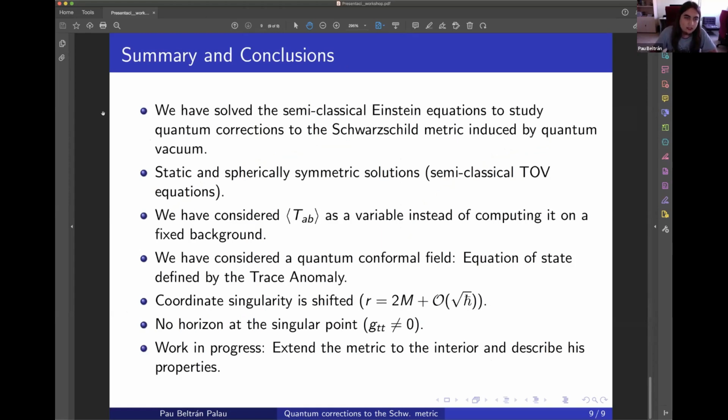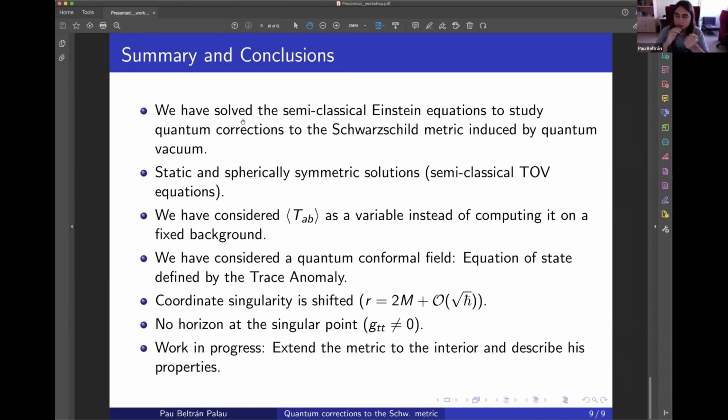We have solved the semiclassical Einstein equations to study the corrections of the Schwarzschild metric induced by the quantum effect of the vacuum. We have searched for static and spherically symmetric solutions, which means solving the semiclassical Einstein equations.